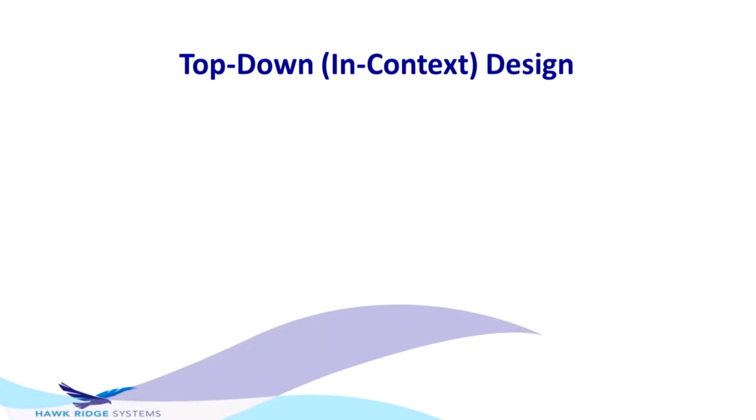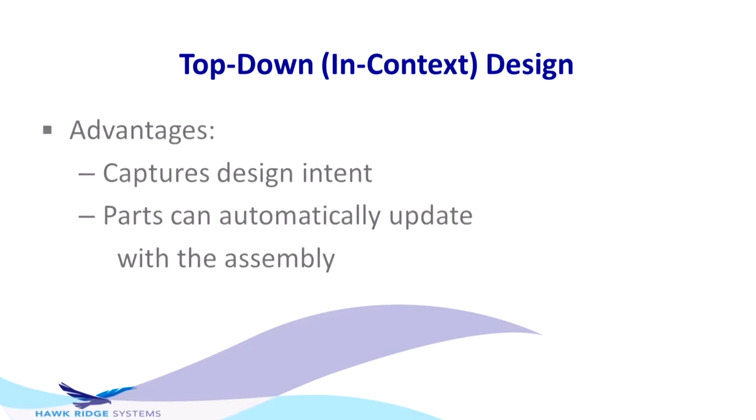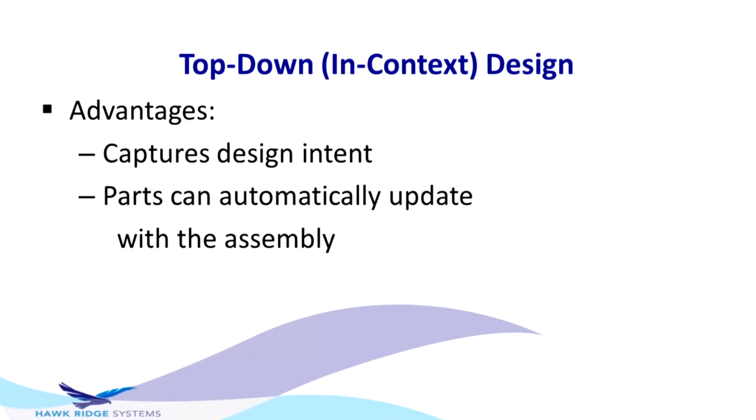So we talk about top-down in-context design. And the question was, what are the advantages for each? Here for top-down design, it allows you to capture the design intent, and parts will parametrically and automatically update with the assembly.